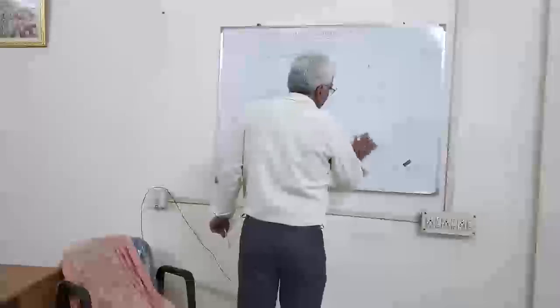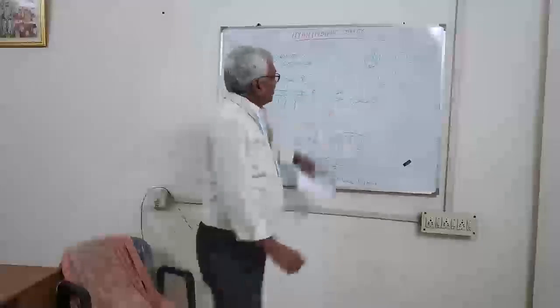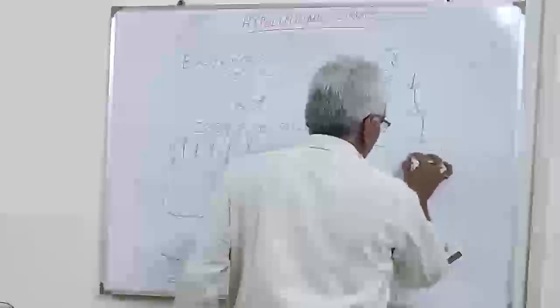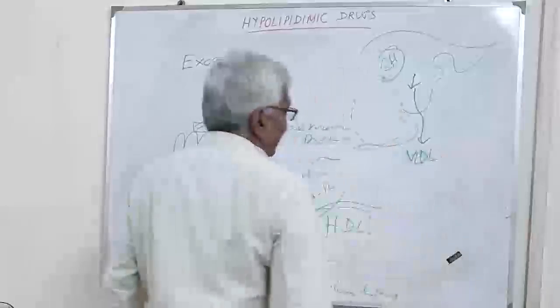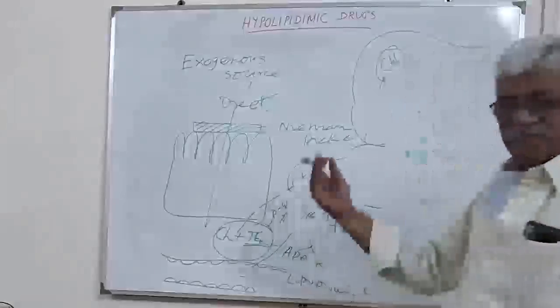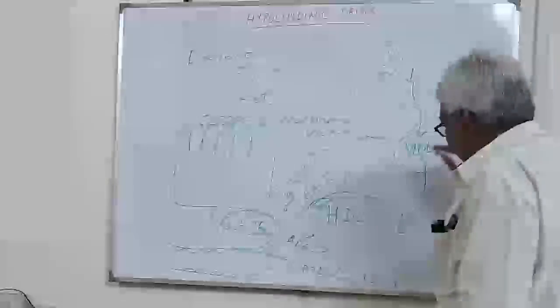Now, some of the cholesterol may go as such. When it goes, it stimulates the liver to produce very low density lipoprotein, VLDL, in the same way. What is the lipoprotein involved here? B100. Here it was B48, now it is B100.